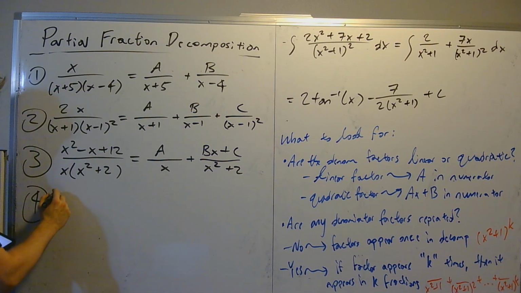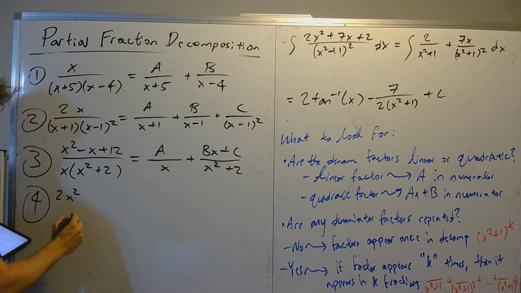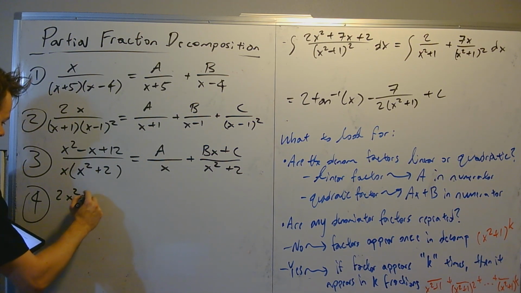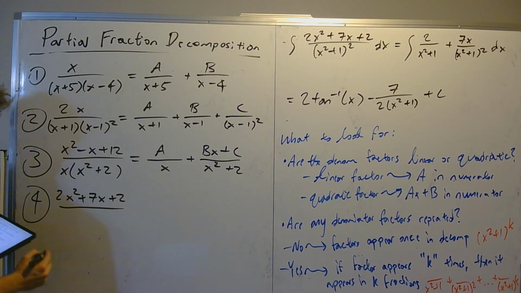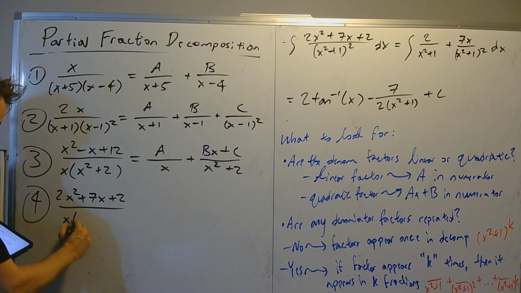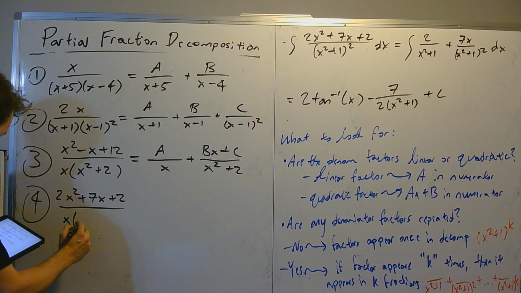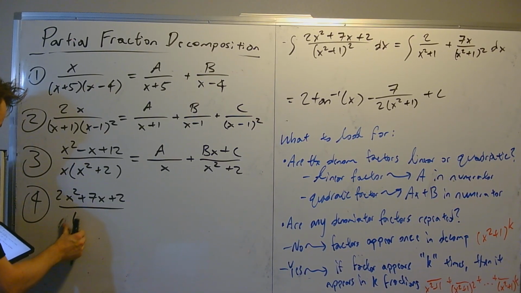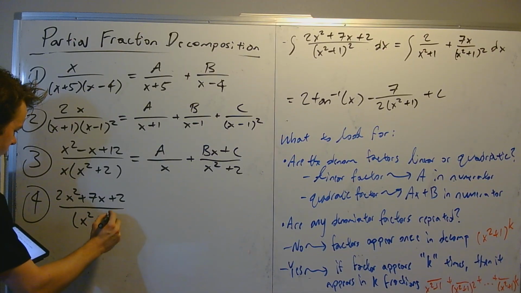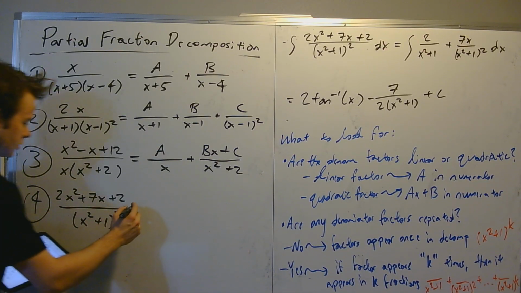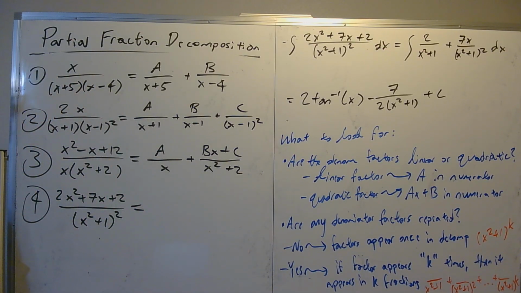And the fourth one was 2x squared plus 7x plus 2 over, that's not what I meant to write, sorry, it's over x squared plus 1 squared. Again, pause the video, think about what you should get on the right side.